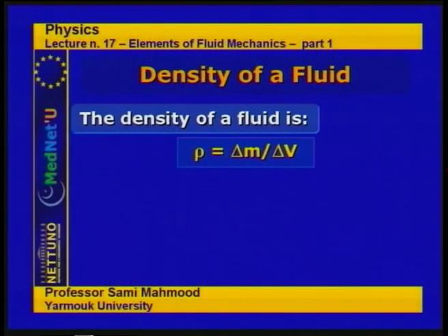So if we define the density in the most general form, at a given point in the fluid, we would pick a small element of volume delta V, we would measure the mass within that volume element, if we call it delta M, then the density of the fluid at that point around the element of volume delta V is given by the ratio of the mass contained in delta V divided by the volume delta V.